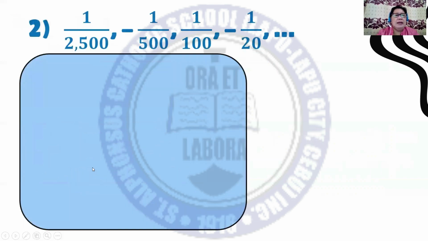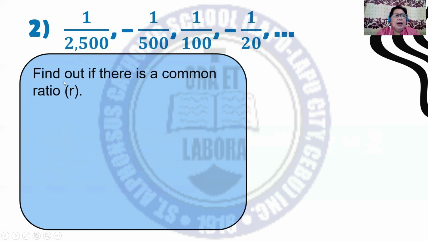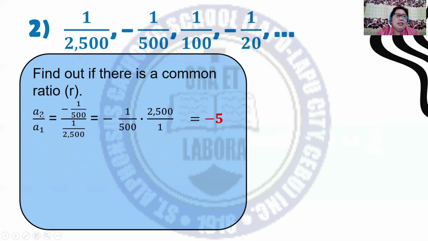Next example, you have 1 over 2,500, negative 1 over 500, 1 over 100, and negative 1 over 20, and so on. We have to find out if there is a common ratio. So the second term over the first term.